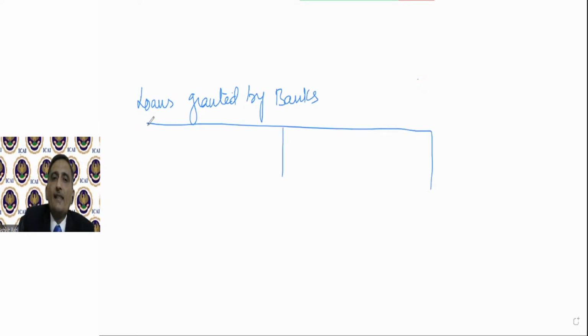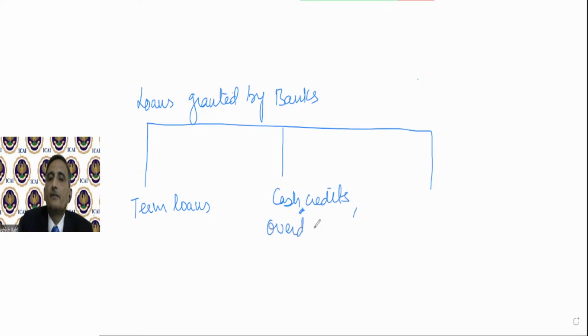So broadly, you can classify them into these heads: term loans, cash credits, overdrafts, loans repayable on demand, and bills purchased and discounted.